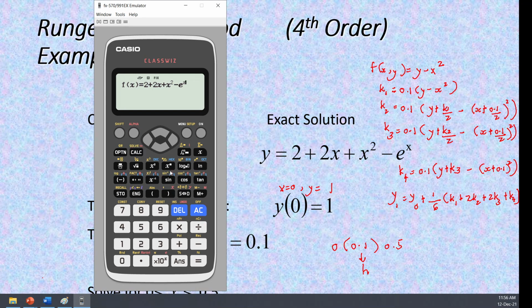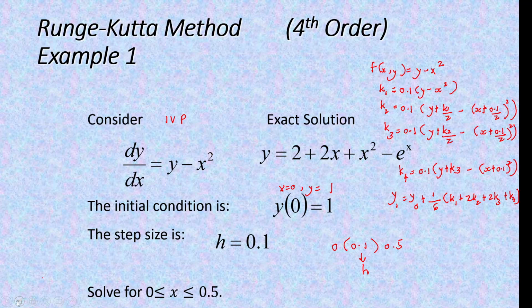Table, just one function, g(x), starting 0, ending 0.5, step size 0.1. So it tabulates for you. You can see.